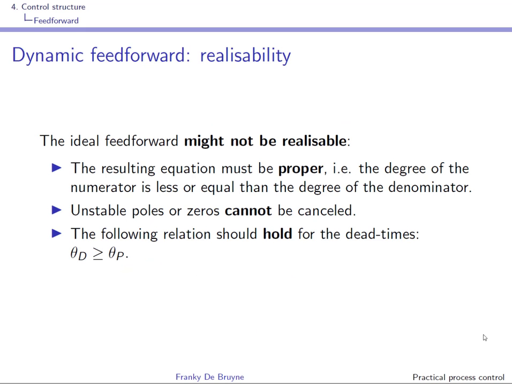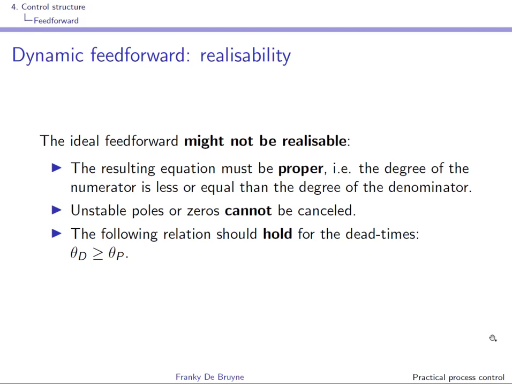We have already seen that the ideal feed forward is not always realizable. In order for the feed forward to be realizable, this relation must hold, but if the delay of the process is higher than the delay in the disturbance dynamics, well, this ideal feed forward is not implementable.